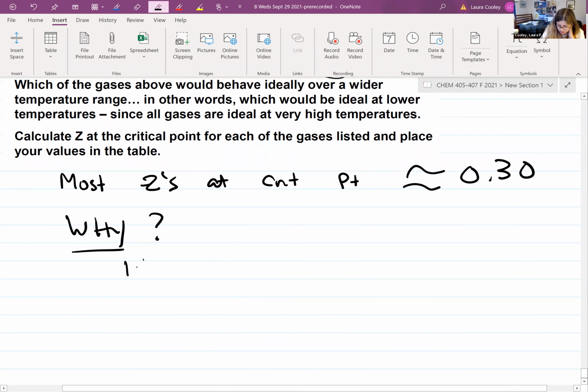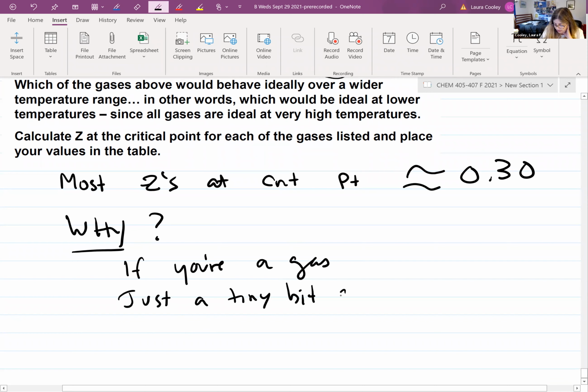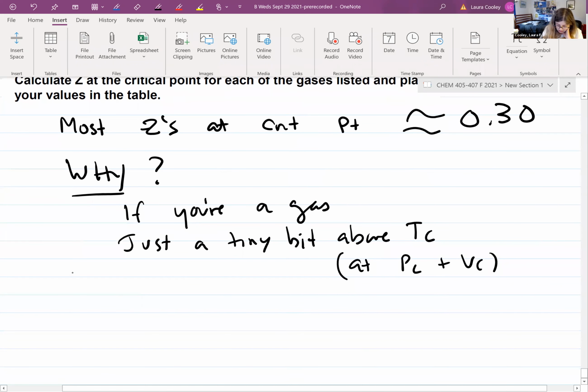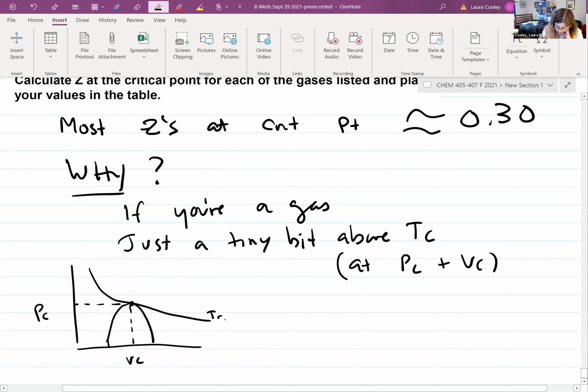So let's pretend you're a gas and just a teeny bit above TC at PC and VC. So that would mean you're kind of over here. This is PC, VC, and here's your TC. So let's suppose you're right over here, just above that.